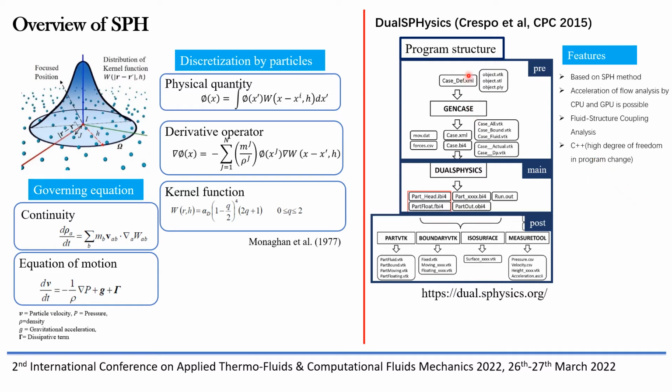The program structure in DualSPHysics is divided into three processes: pre-processing, main processing, and post-processing.